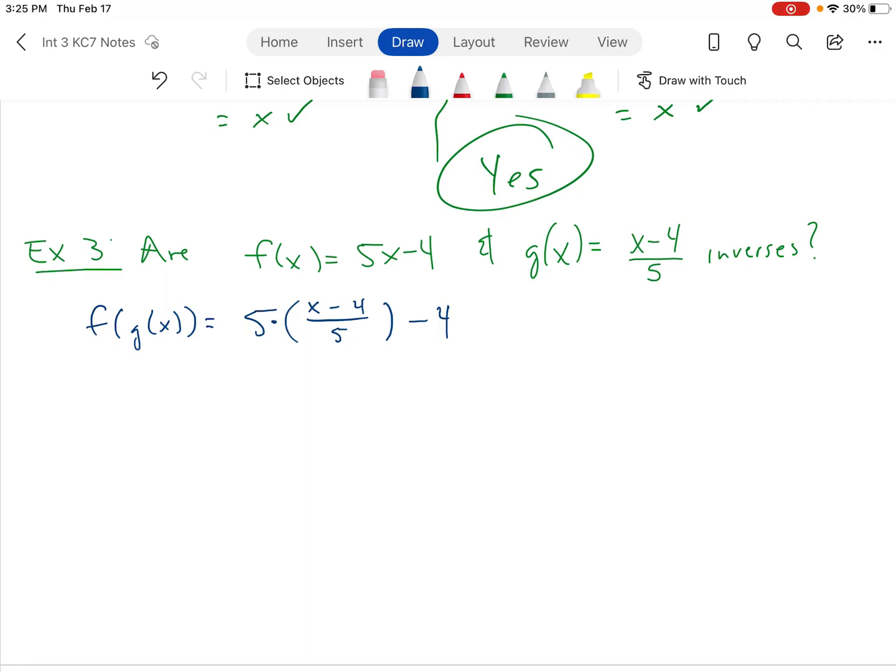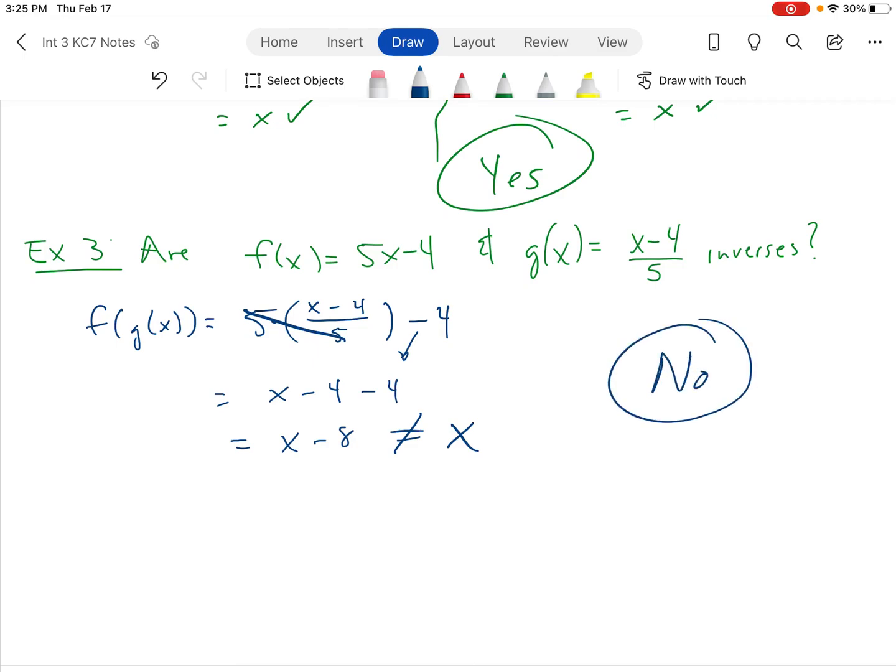Now a 5 is being multiplied and divided, so they cancel out. I'm left with x minus 4 originally, which gives me x minus 8 when I simplify it. Now this I cannot simplify anymore, but it does not give me x, which is what I want. So this is a no. I don't even need to show the other part because this already did not give me x. And you're done.